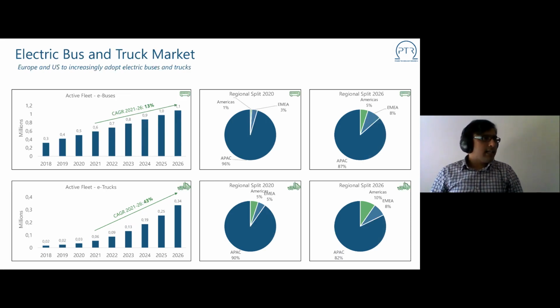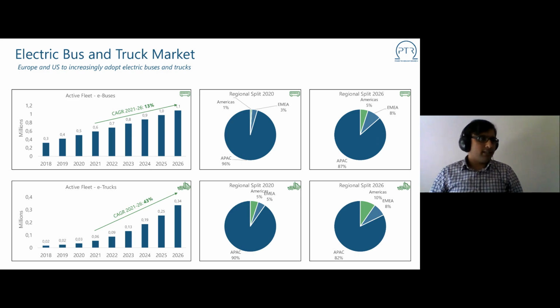And if we look at electric buses and electric trucks, as you see in the pie chart, everything for buses was concentrated in China. That's why you see APEC at 96% in terms of the active fleet of electric buses, so basically, vehicles on the roads of a country in a particular year. But moving forward, the share from EMEA and Americas is supposed to increase.